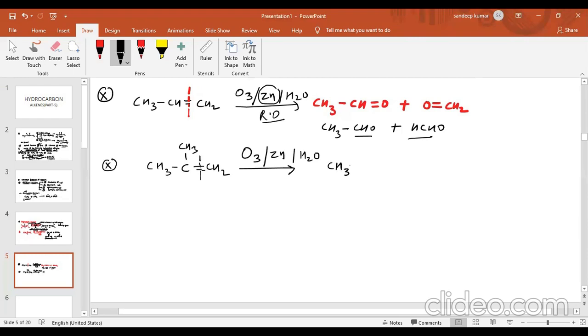So this is CH3C(CH3) double bond O, plus oxygen will be added on this side also. So one of the products obtained is propanone, plus you can write this compound as HC double bond O H. So this is basically methanal.